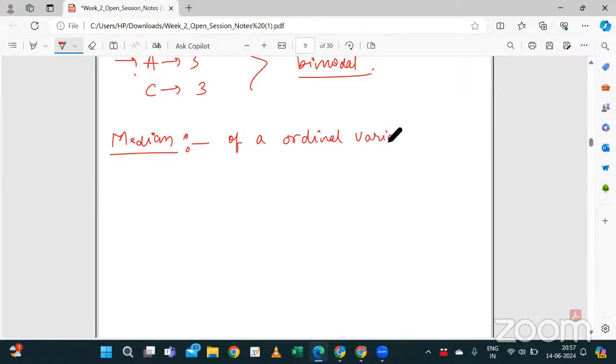Why am I writing ordinal? Because we have to sort the data set and make an order, which is possible only for an ordinal variable. So the median is the category of the middle observation.